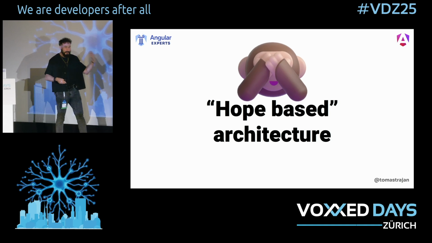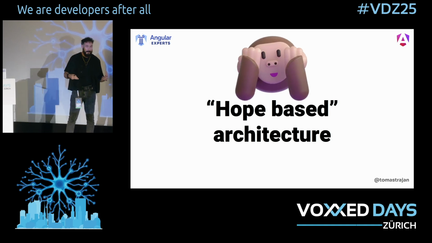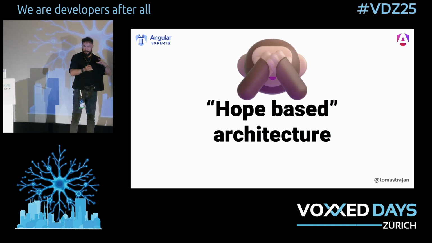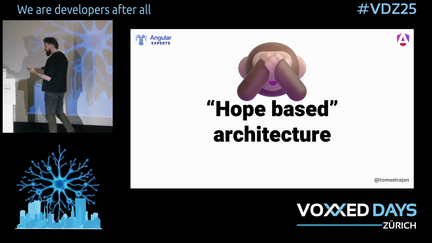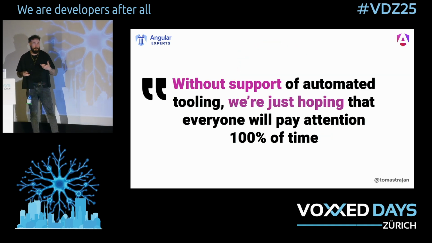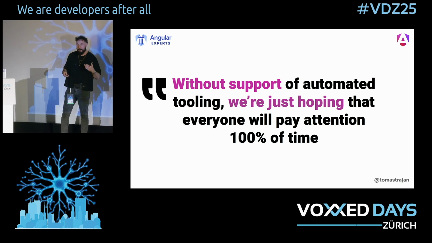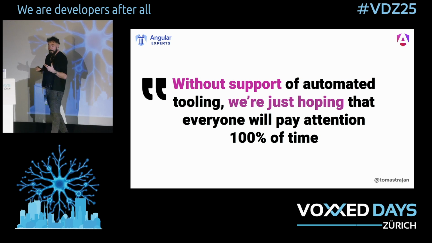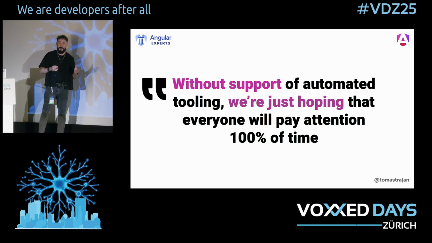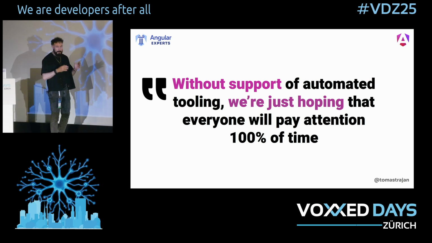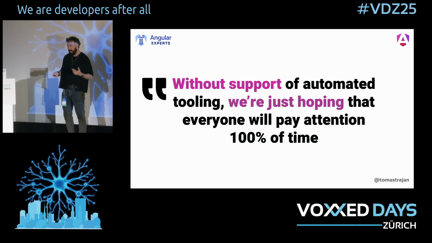We created a design doc, we created the appropriate folder structure, we described how people should implement things inside of those folders and what they should consume and what they shouldn't consume, but we are just hoping that they are going to do that, and we might try to validate it manually, but it's just not a realistic task, because without the support of automated tooling, it's impossible that everybody pays 100% attention for every single review for 4 years straight. That's just not how the world works, right? We have to be realistic.